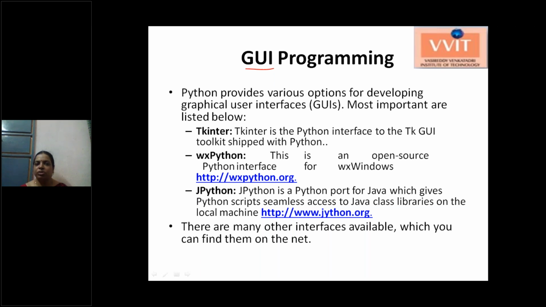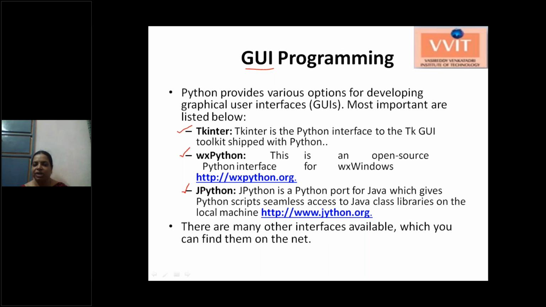Those tools you can create in your applications, and you can create your own GUI based applications using Python. For that you can use 3 modules of Python. The first module is the tkinter module. Another one is wxPython. Another one is jpython.